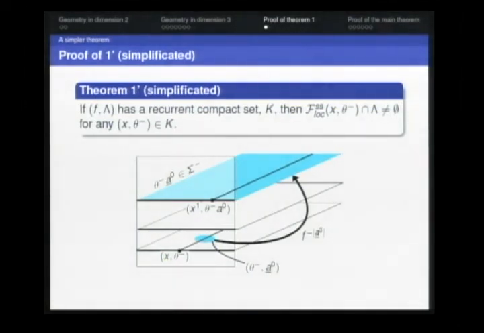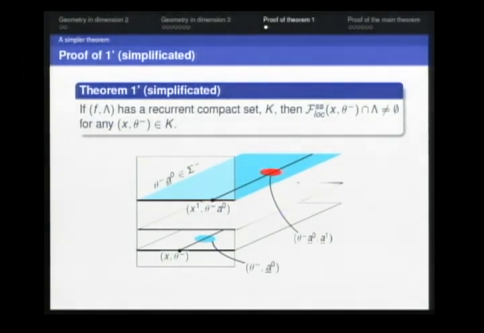As it is still in the recurrent compact set, we have another cylinder, the one associated to the renormalization operator, which sends this point back to the interior of the compact set again. So we have the cylinder.